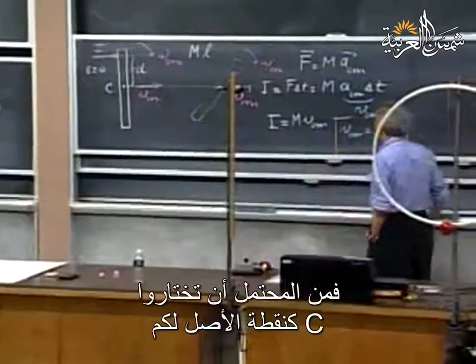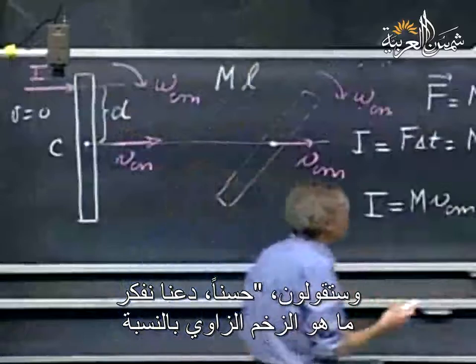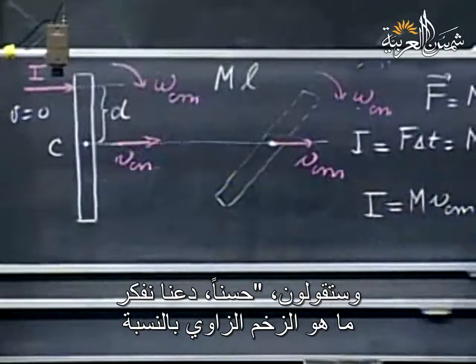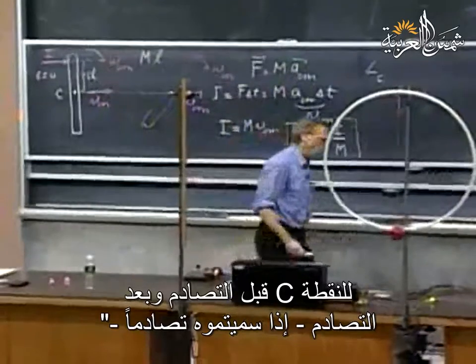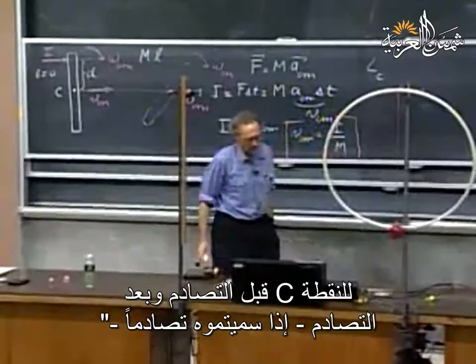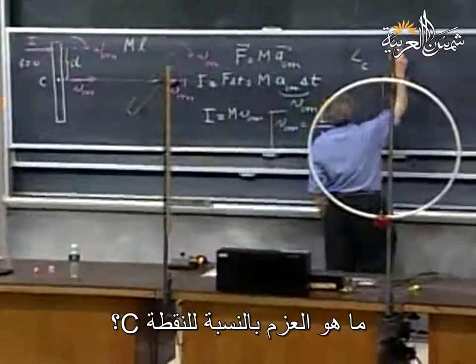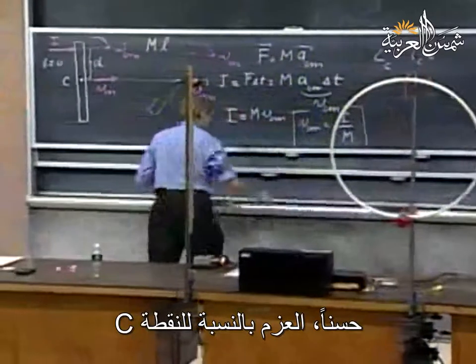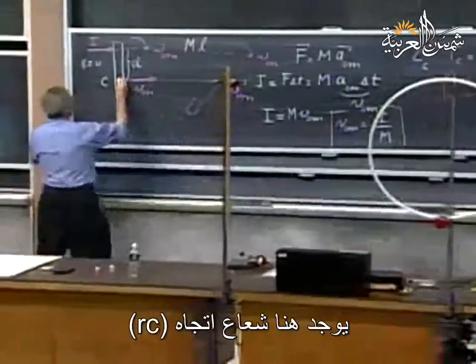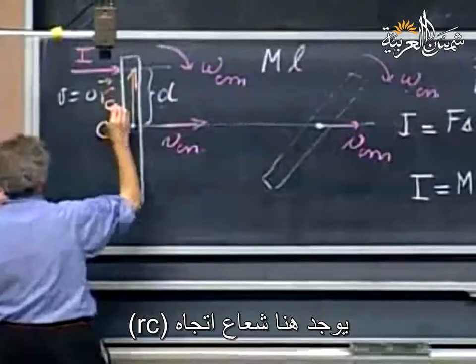And so you would probably choose C as your origin, and you will say, okay, let's think about what the angular momentum is relative to point C, before the collision, after the collision, if you call it a collision. What is the torque relative to point C? Well, the torque relative to point C, there is here the position vector, R of C.